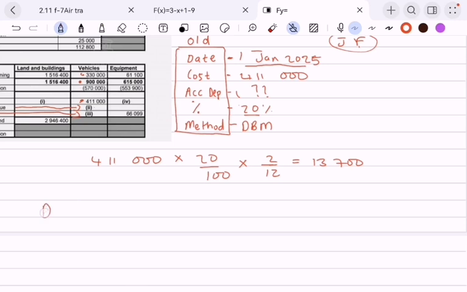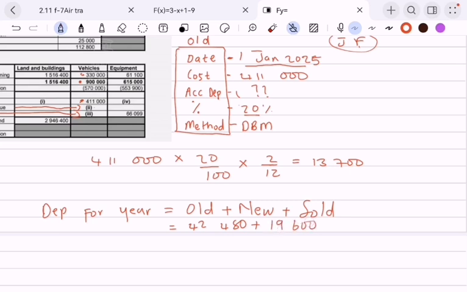So meaning now that depreciation for the year, quite easy and simple. You want to add the old assets depreciation plus the new assets depreciation plus the sold assets depreciation. So the old assets depreciation, when we were calculating, that was 42,480, and the sold, it was 19,600.